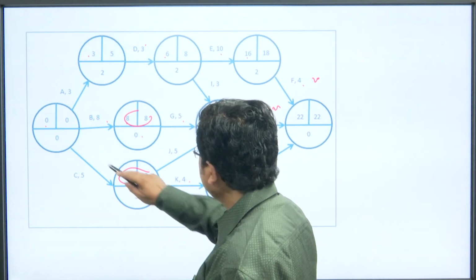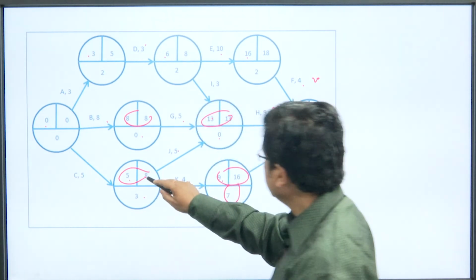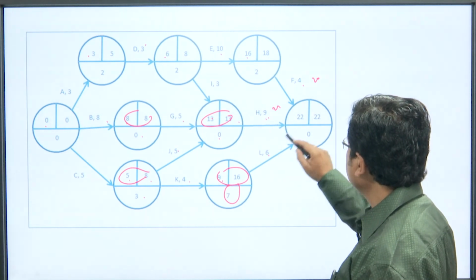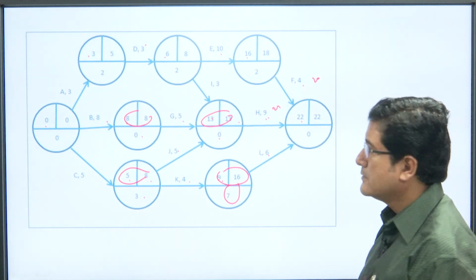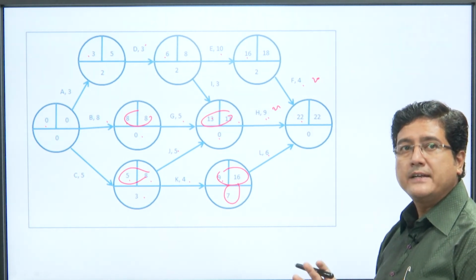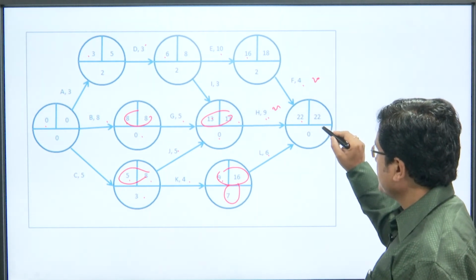And here look, 8 plus 5, 13, and 13 plus 9, 22. So, we need a maximum time, we find the maximum time. So, here we write 22.